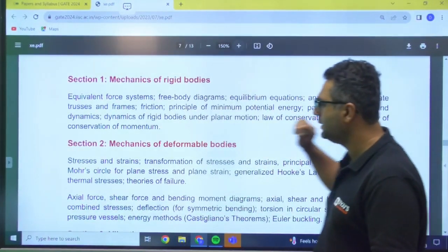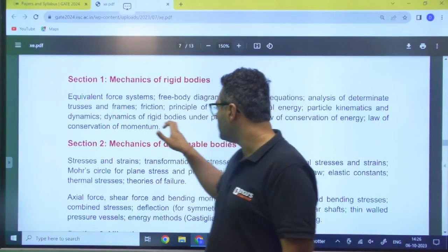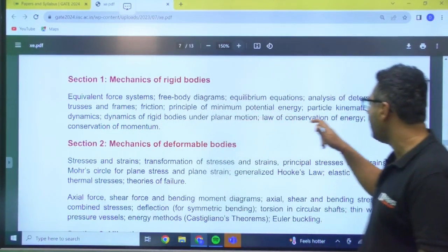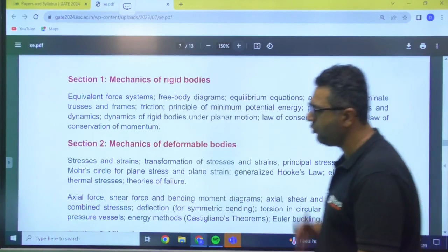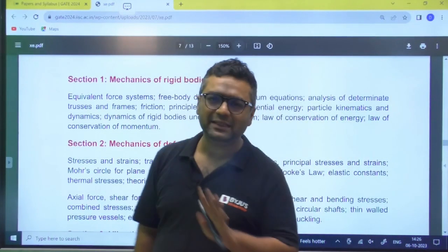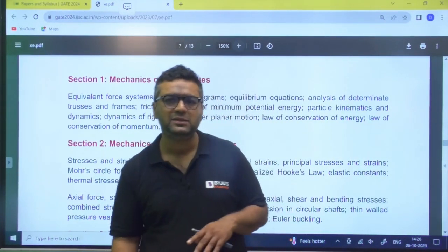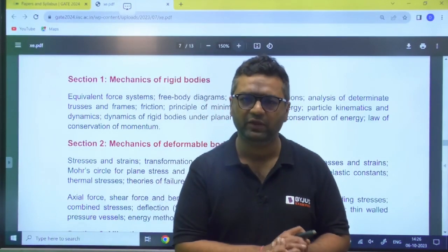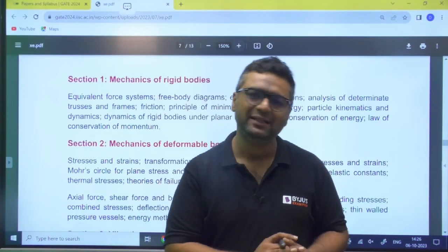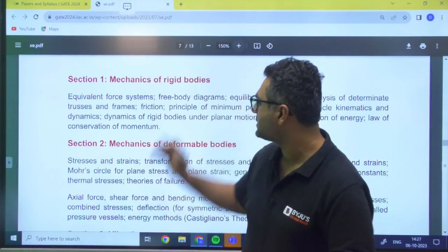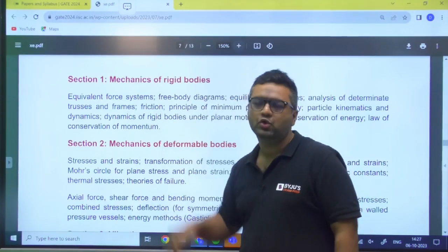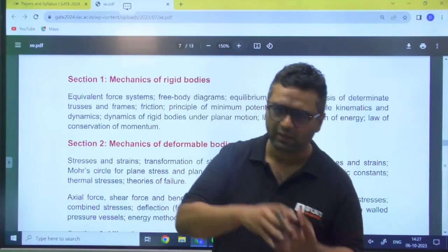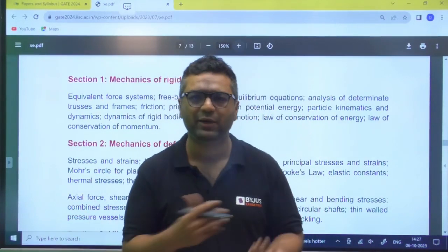Particle kinematics and dynamics, dynamics of rigid bodies under planar motion, law of conservation of energy, law of conservation of momentum. All these things are there in the mechanical syllabus of engineering mechanics. Some things are not there in the civil engineering syllabus of engineering mechanics, but as I said, if you are going for this complete engineering mechanics part, questions are very similar to what come in mechanical and civil branches.